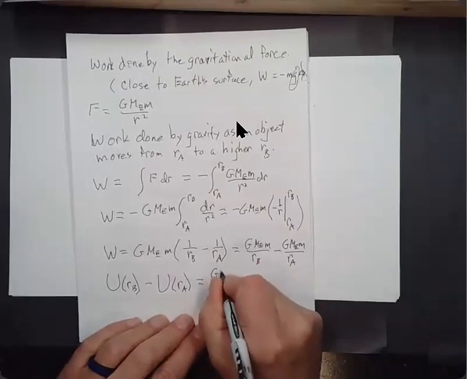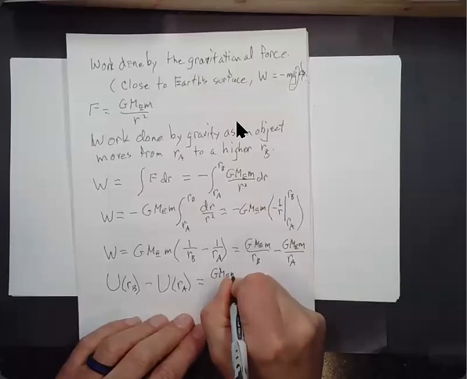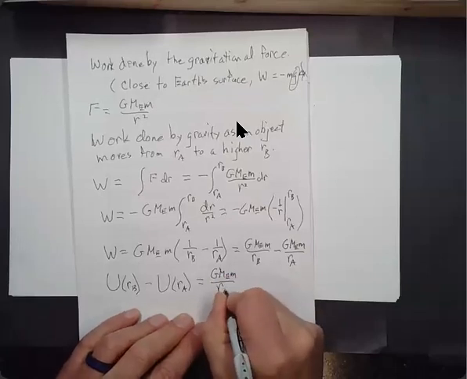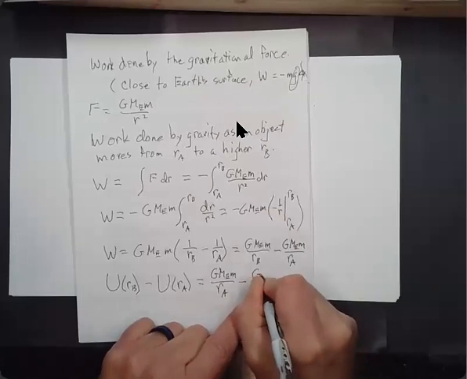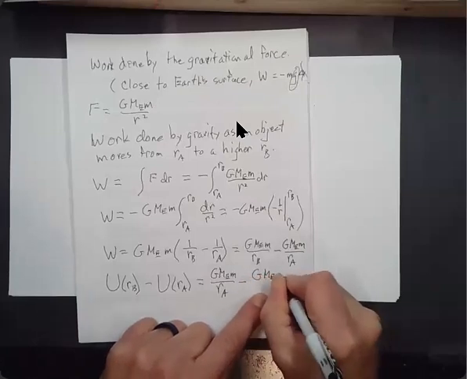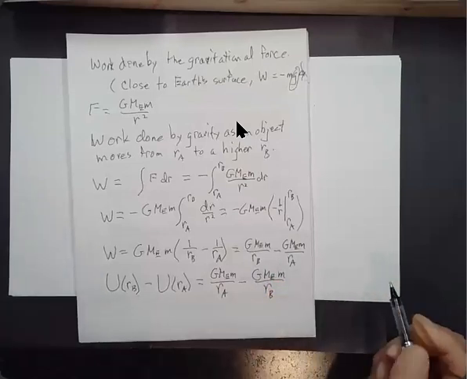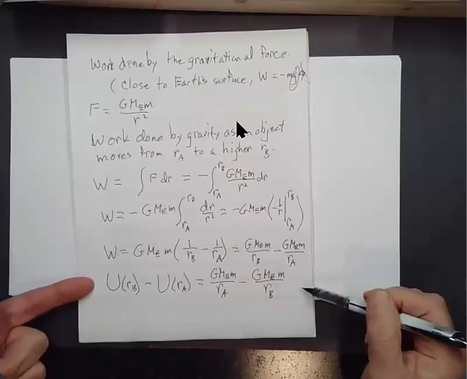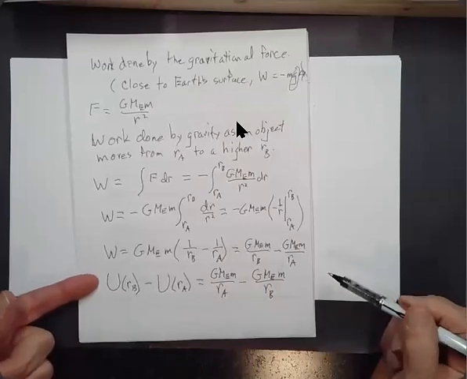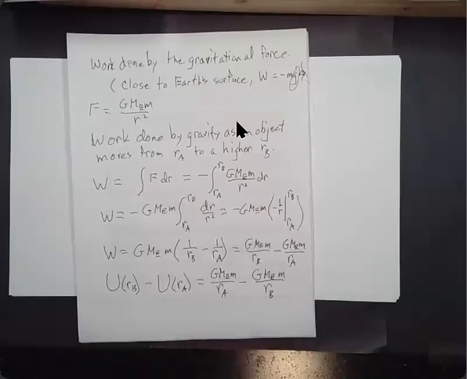It'd be G M sub E times the mass of the thingy over R sub A minus G times the mass of the Earth times the mass of the thingy over R sub B. So this is the change in gravitational potential energy as we lift the thing from R sub A up to R sub B.